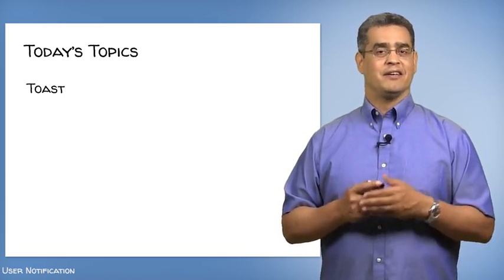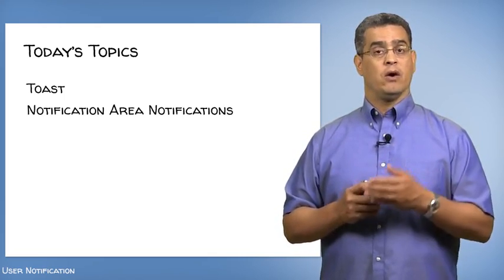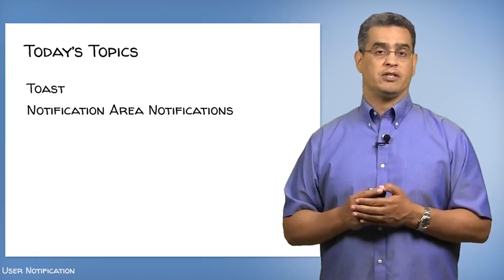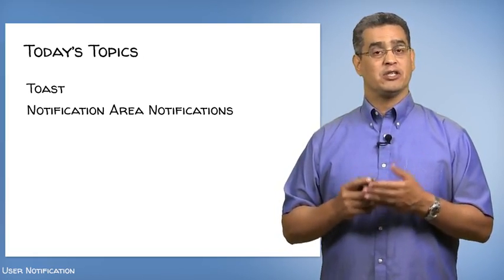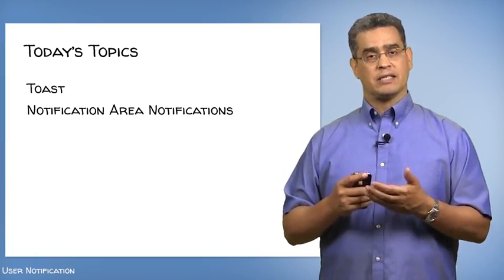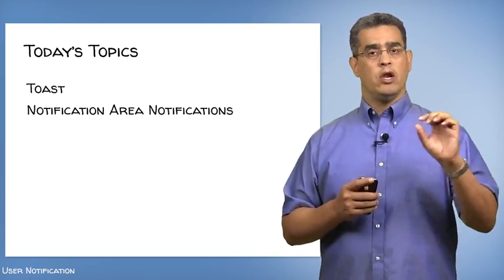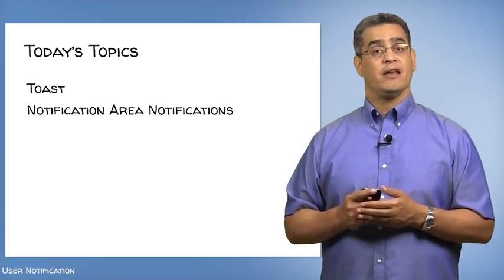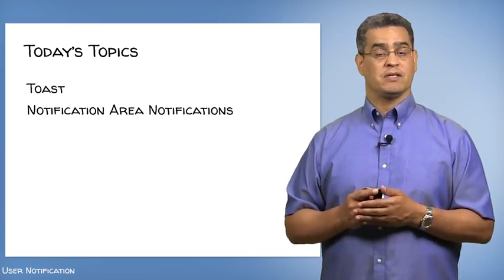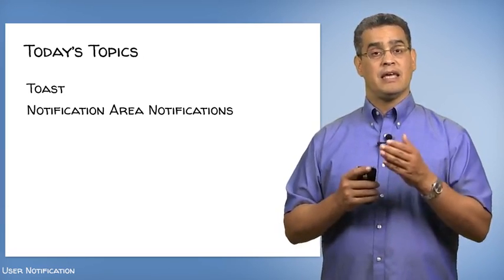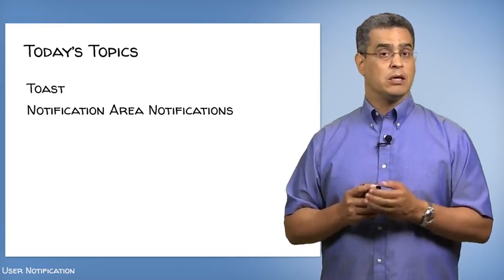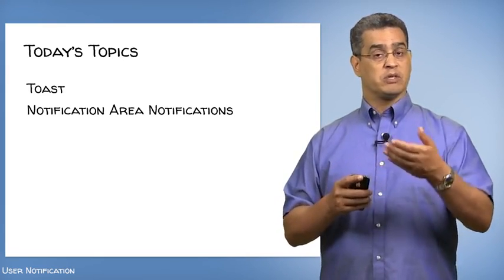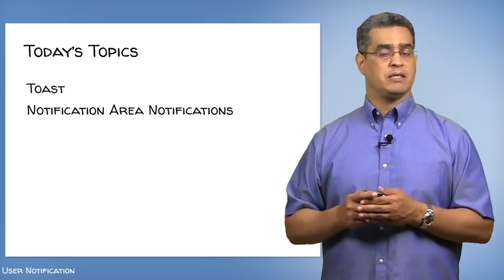The second kind are notification area or status bar notifications. These notifications are visible and can be accessed in the system-controlled notification area at the top of the device. And again, we've already seen examples of this. For instance, in the Application Fundamentals lesson, I showed how a device was receiving an incoming MMS message.